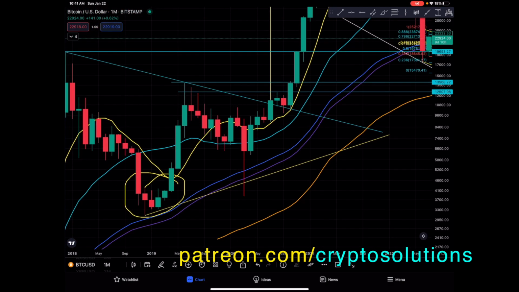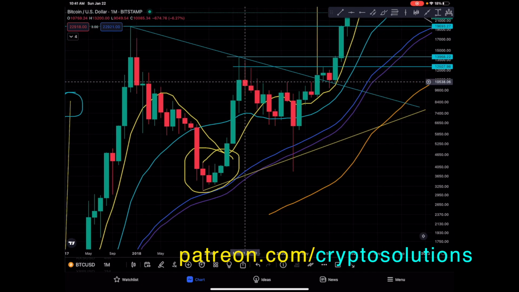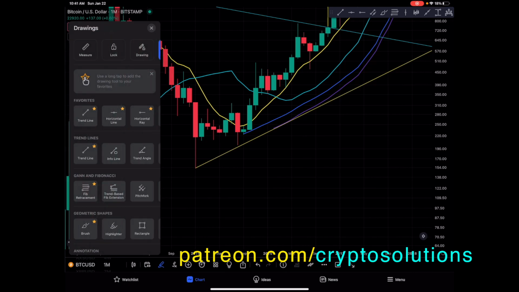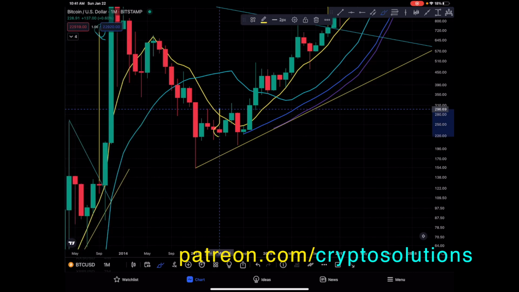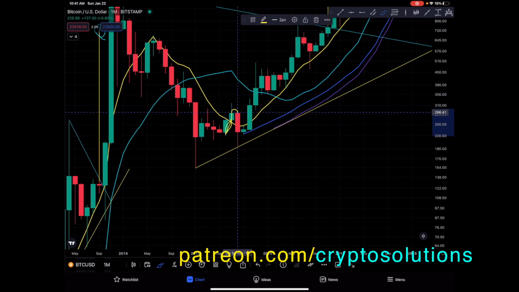Because the 2 exceptions that happened here, how do you avoid these exceptions? That's very easy. You just wait for the Bitcoin price to close at least 2 monthly body candles above this 8 simple moving average in the monthly time frame. Because you see here, 1 and then pullback.